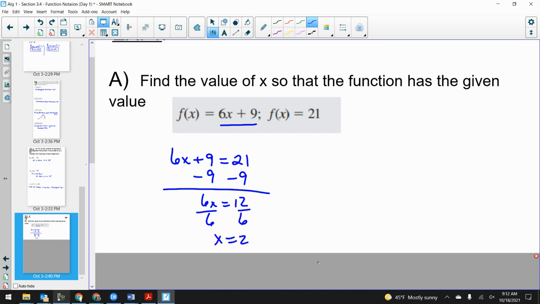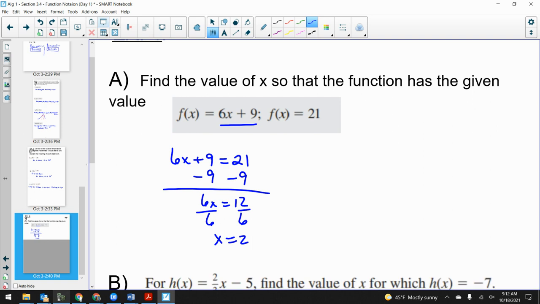Oh, 2. X equals 2. The input value that makes that happen is 2. Again, all I'm doing there is taking the equation, setting it equal to my output to find what my input's going to be. Got one more of those.